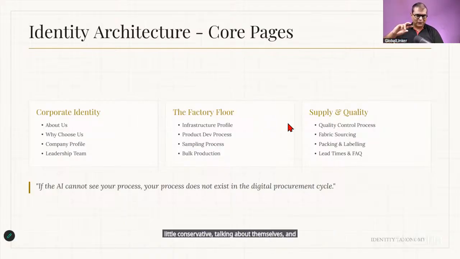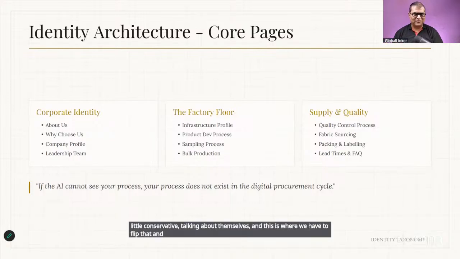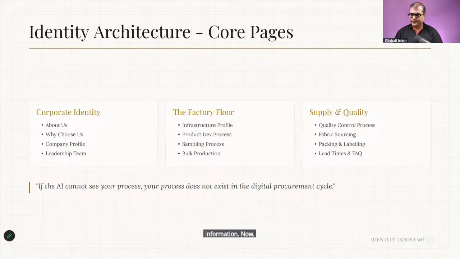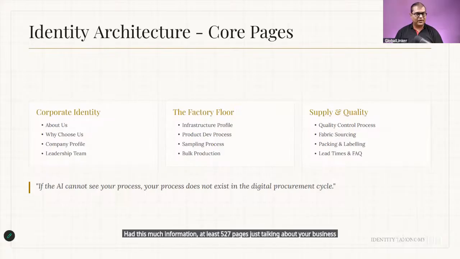We have to flip that and make ourselves talk more, especially on our website. That's where AI is going to build its understanding of our business, and that's where we need more information. If you don't have at least 5 to 7 pages just talking about your business, that's a gap and you have to look into it.